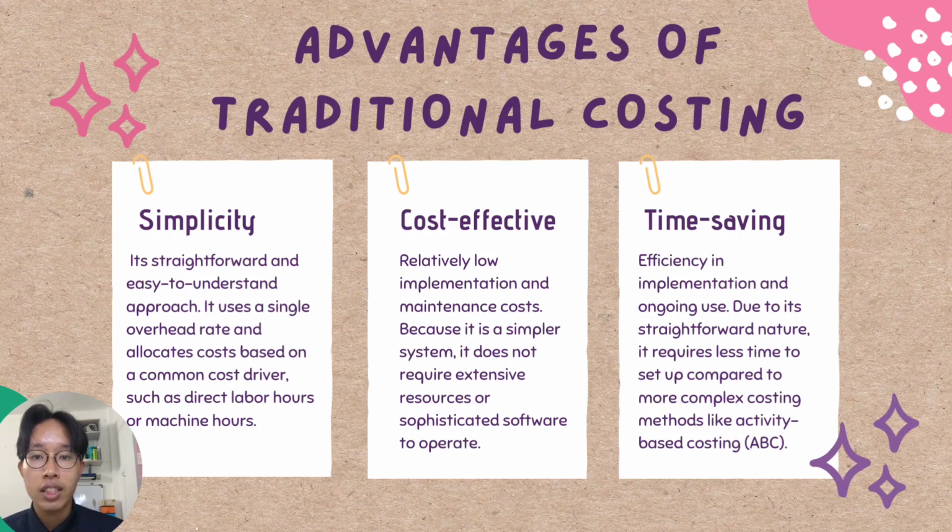This simplicity makes it accessible for small businesses or organizations with uncomplicated production processes. Additionally, traditional costing requires less specialized knowledge and fewer resources to implement, making it an attractive option for businesses looking for a cost-effective and efficient costing method.